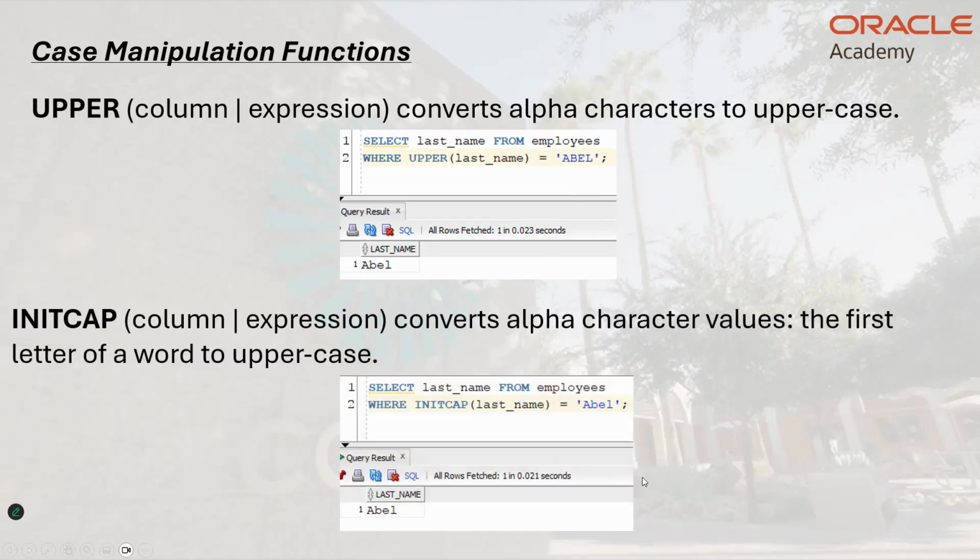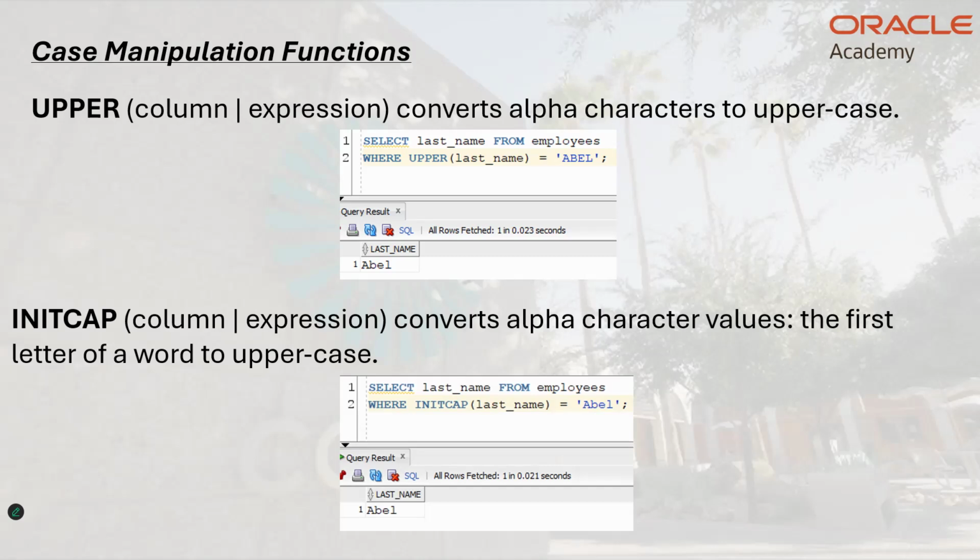All right. INITCAP is another one. Basically, it was a newer function, because mostly a name is going to be uppercase first letter and then lowercase the letters that follow.